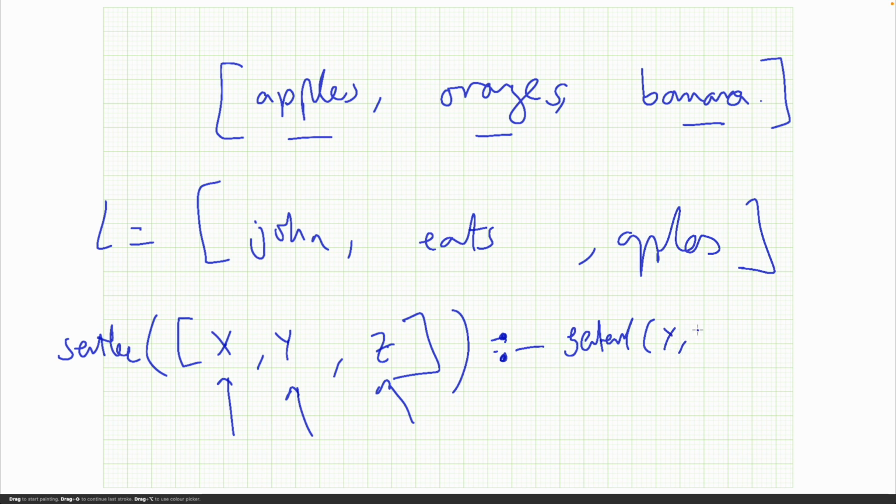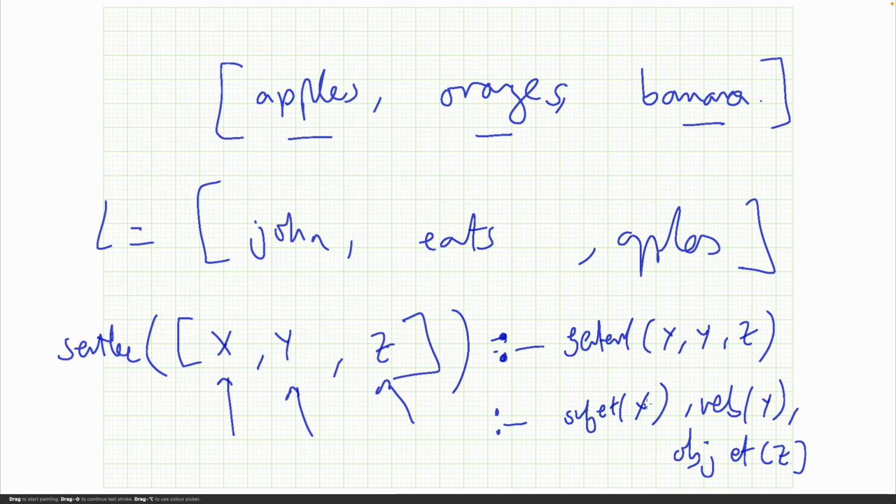sentence X, Y, Z is true. Or another way of saying it is if X is a subject, Y is a verb, and Z is an object, just like we did before.